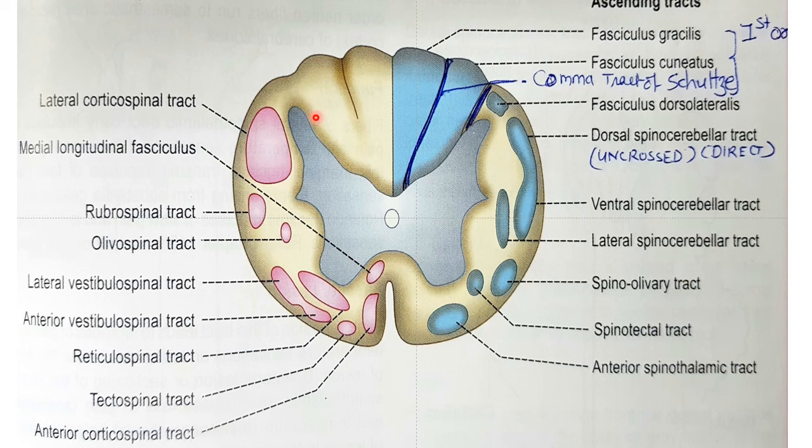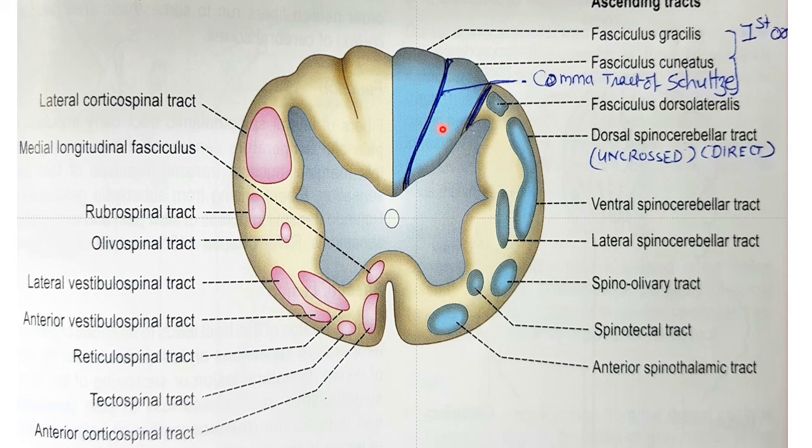The other half, represented in pink, shows motor or descending tracts. But mind you, both fibers are present in both halves. This is just a schematic diagram to show the ascending tracts.